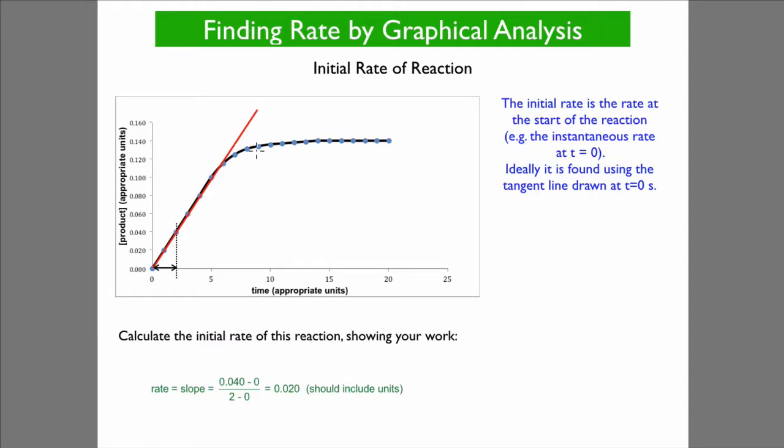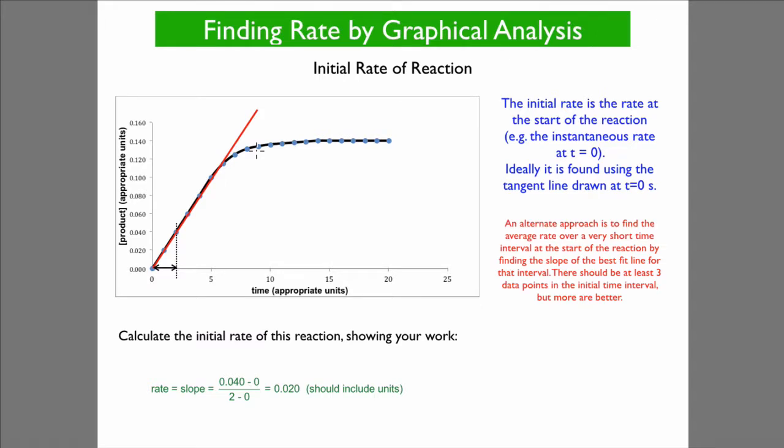Initial rate of reaction. This time, the initial rate is the rate at the very start of the reaction, the instantaneous rate at time 0. Ideally it's found using the tangent line drawn at time 0 seconds. This is sometimes a bit more difficult to do, and so often you would find the average rate over a very short time interval at the start of the reaction, by finding the slope of the best fit for that interval.